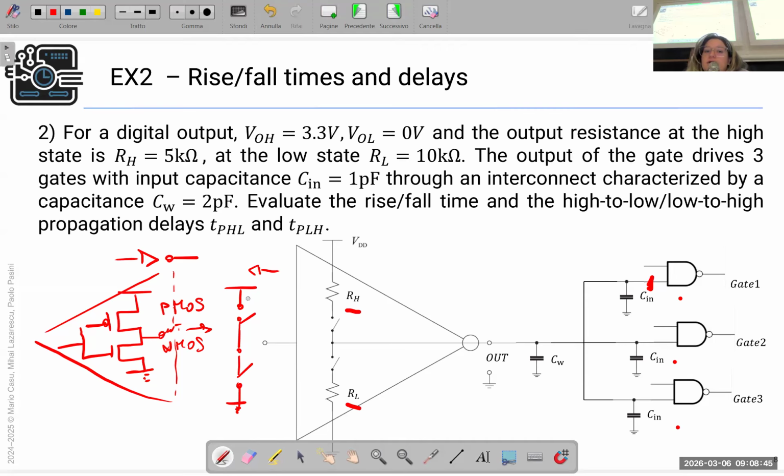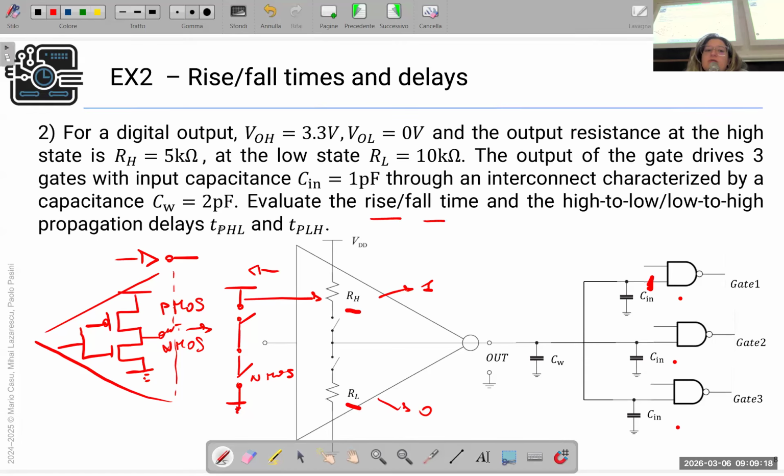In this case, here we have the resistance at the high level, which is the resistance Rh of the PMOS, which will give you the output 1. And this is the resistance Rl of the NMOS, which will give you the low level. These two resistances have to be taken into account if we are considering a real case. So let's see how it works.